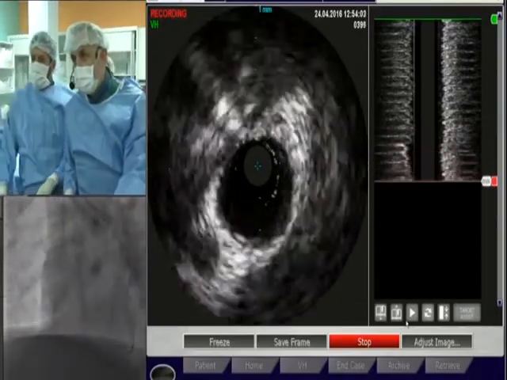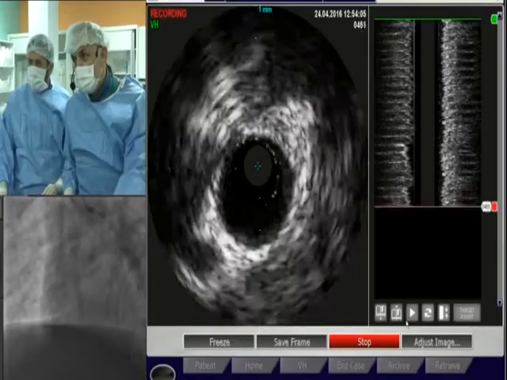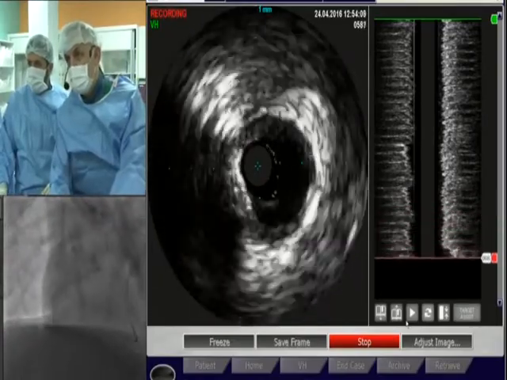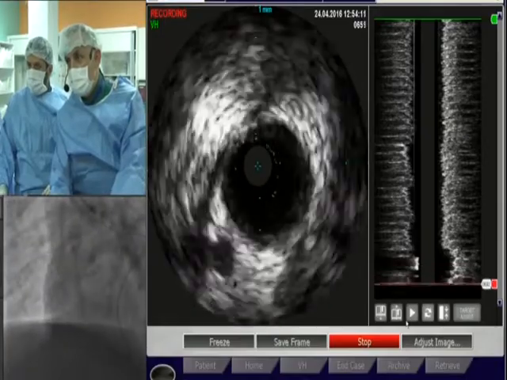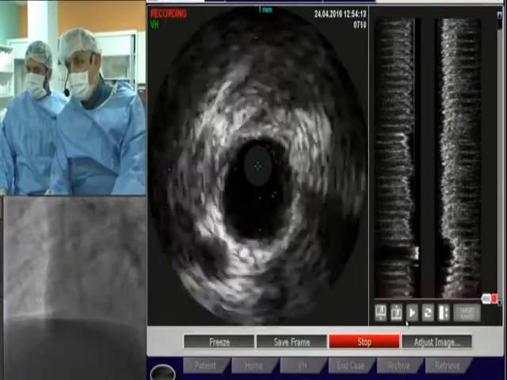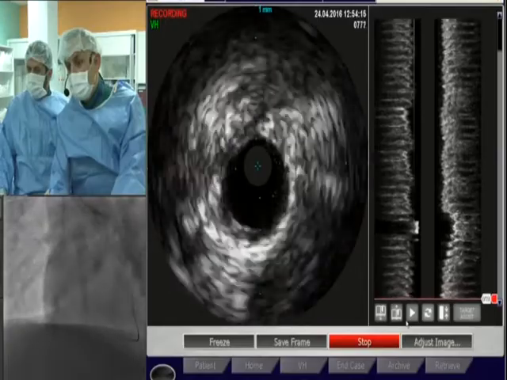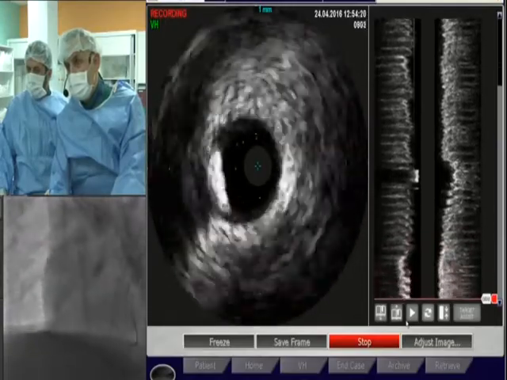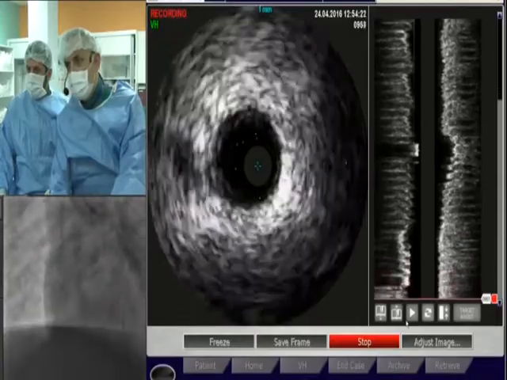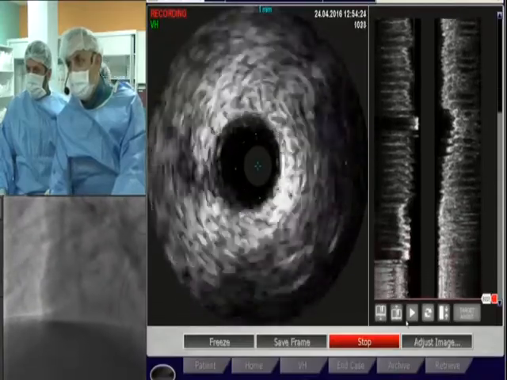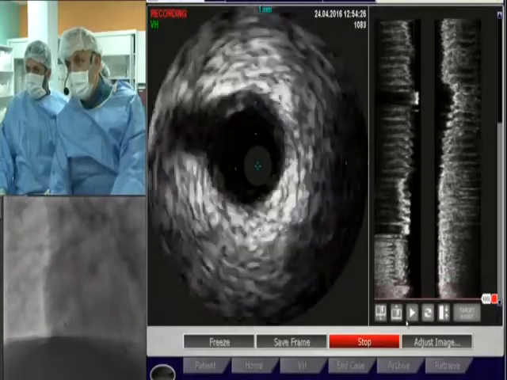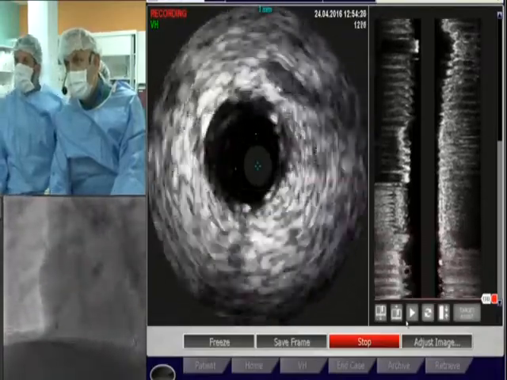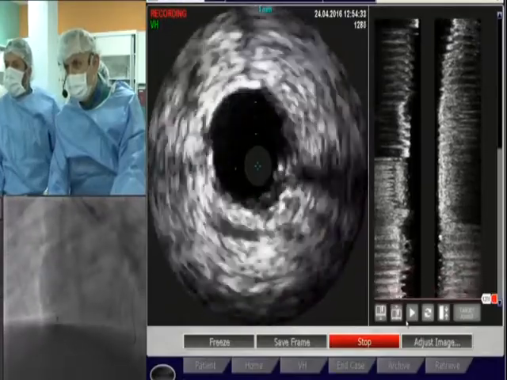Now here we have actually a 3.3 vessel, and I'm pulling back now. Now there's calcification, but the size is okay. It was so narrowed before the stent, and now the stent is well expanded and well apposed.